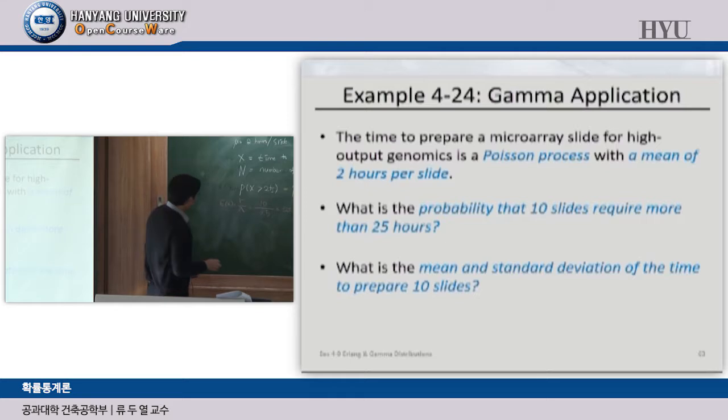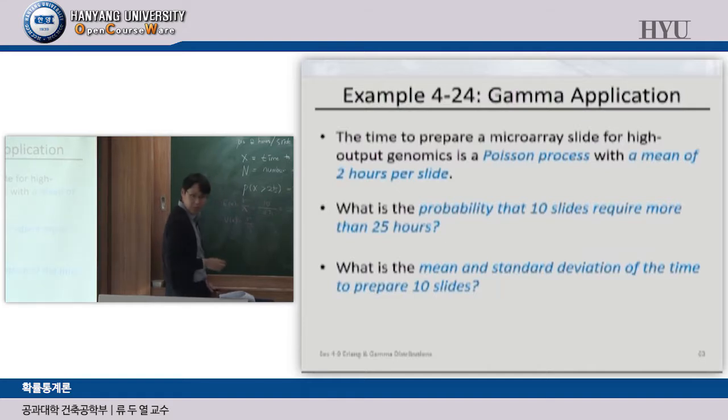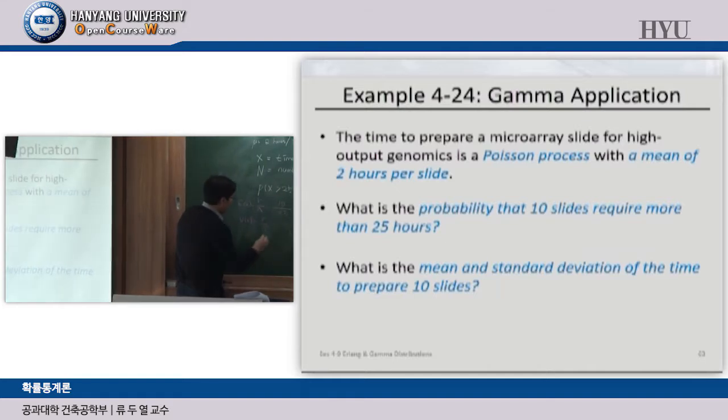Okay? And what is the variance? To calculate the standard deviation, we first need the variance, right? Because root variance is the standard deviation. So variance was r over lambda squared. Okay?